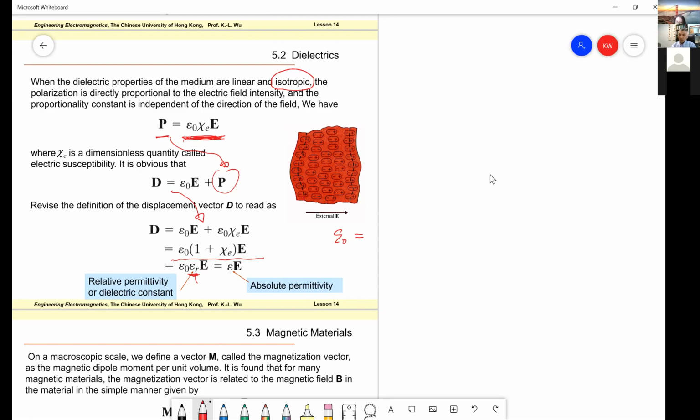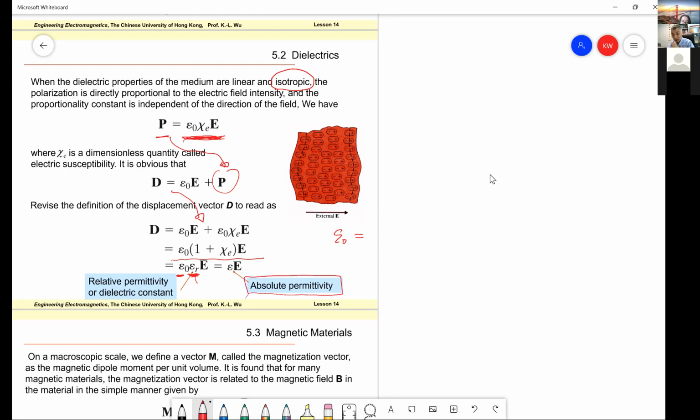This is the free space permittivity, and this is the relative permittivity, meaning relative to free space. When we multiply them together, I call it absolute permittivity.